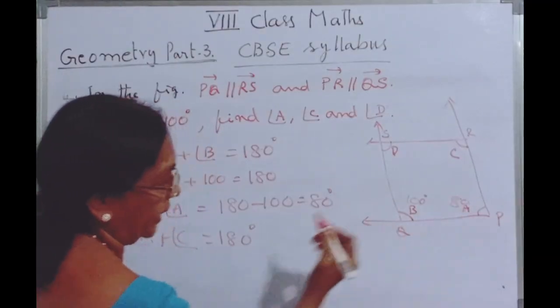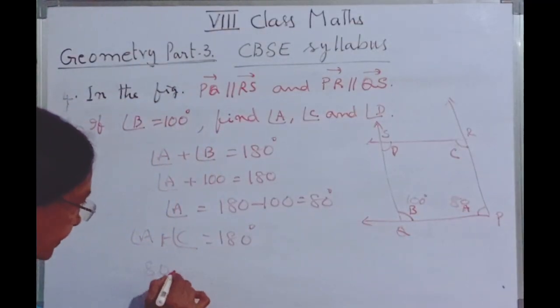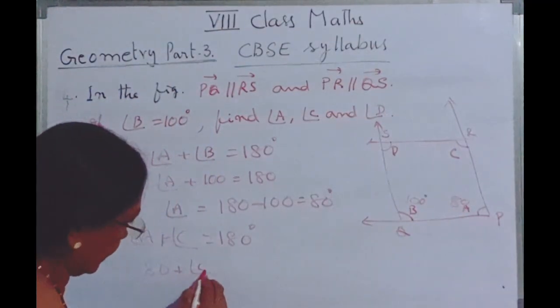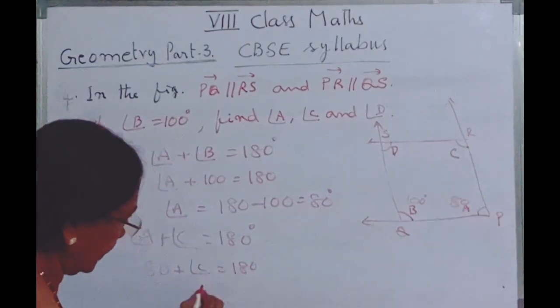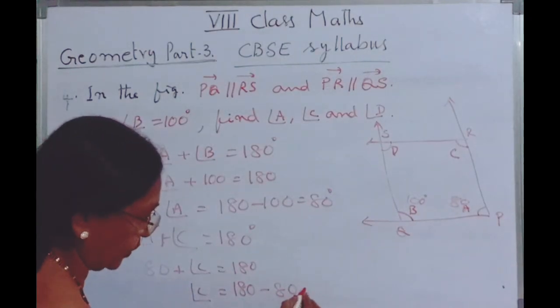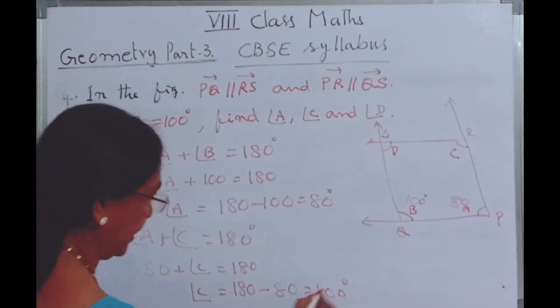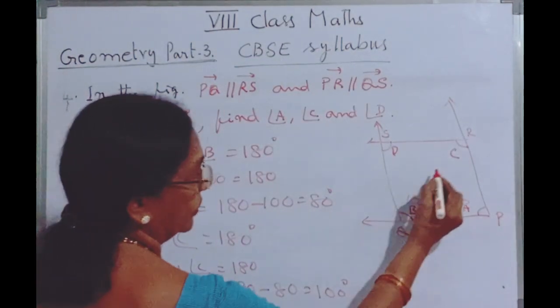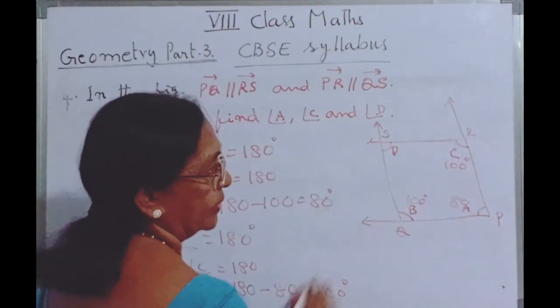But we know angle A is equal to 80. So, 80 plus angle C is equal to 180, or angle C is equal to 180 minus 80, which is equal to 100 degrees. Therefore, angle C is equal to 100 degrees.